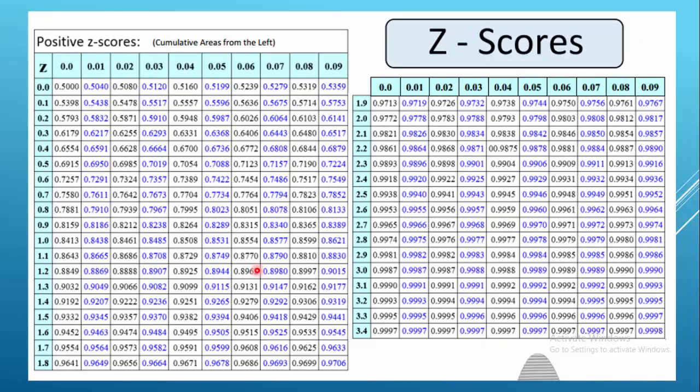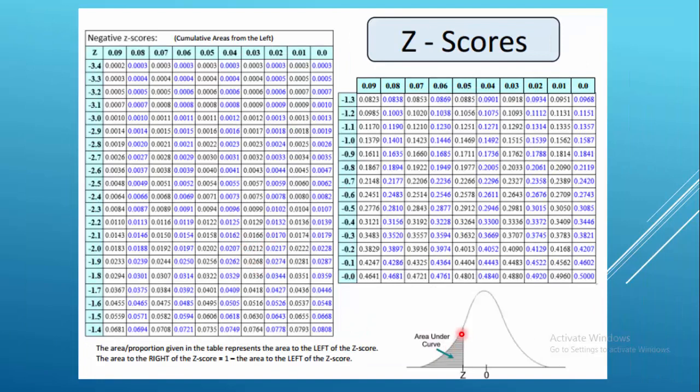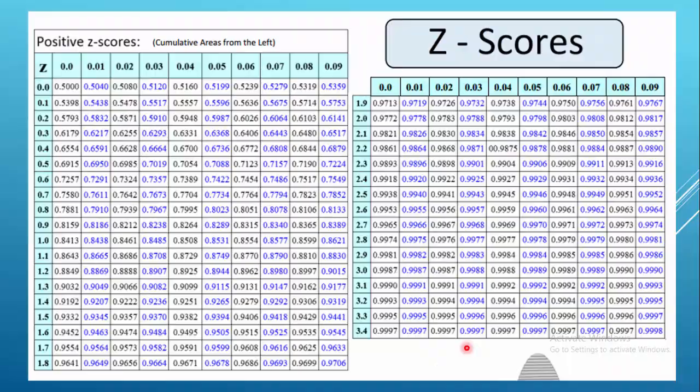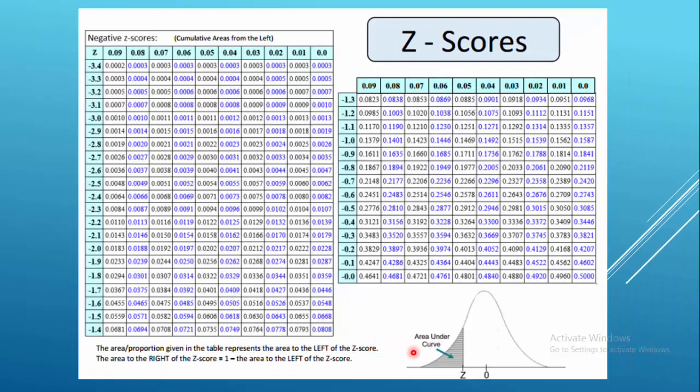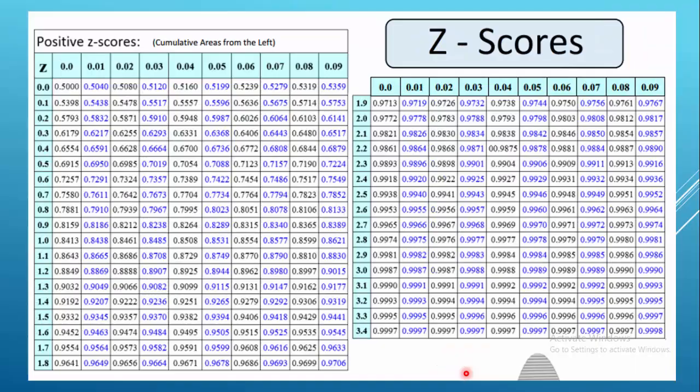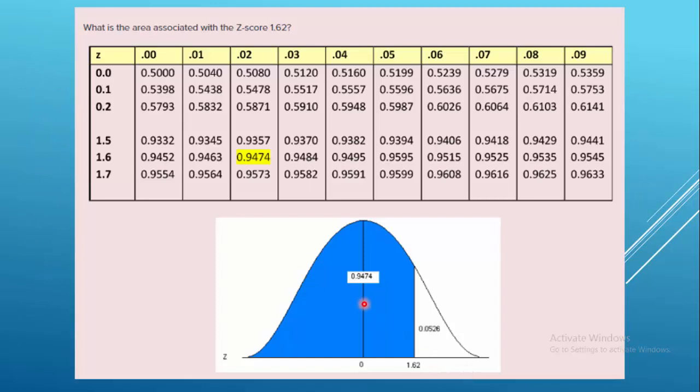As I've explained, these values give you the area under the curve, or the probability, because the probability is simply the area under the curve. Each value in the body of the table is a cumulative area. Cumulative area means that it starts from minus infinity up to this z value. For example, we want to find the probability for a z-score of 1.62.